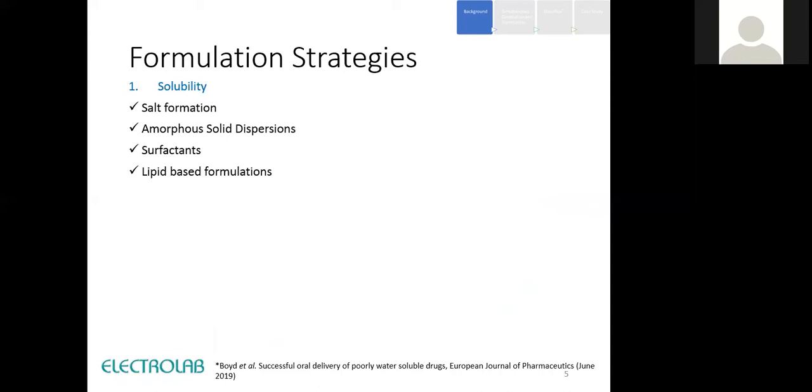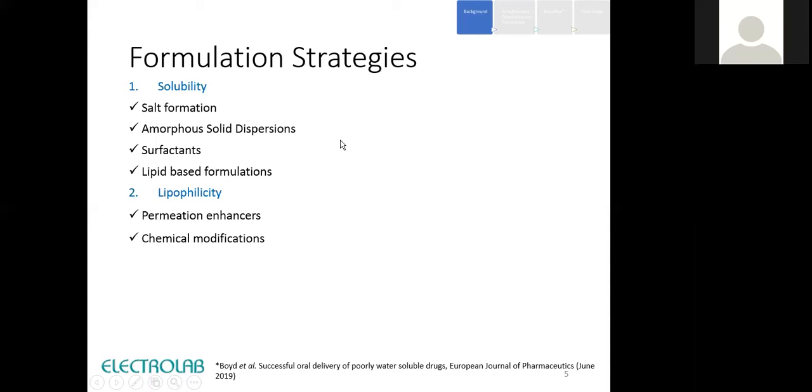For this, the feasibility of salt formation, use of amorphous solid dispersions, use of surfactants, and preparation of lipid-based formulations is evaluated. Second is to increase the lipophilic nature of the API. Various permeation enhancers or the use of chemical modifiers is investigated.